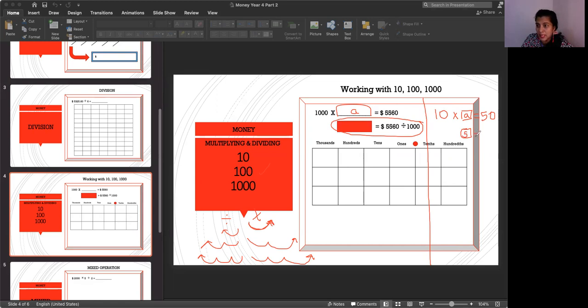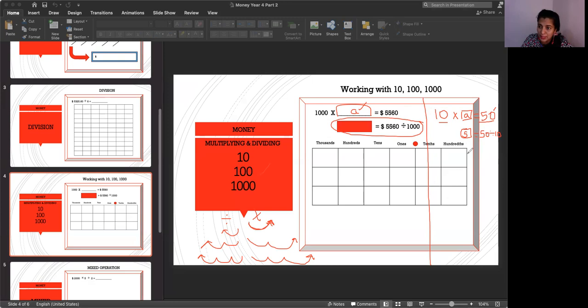But my question is, how did you get your 5 using this 50 and this 10? So you could get your 5 if you took 50 and divided it with 10. You see that? So you took your answer 50 and you divided it with 10. In the same way, you now compare this. You want to find A. You have a number here multiplied with A and you got an answer here.